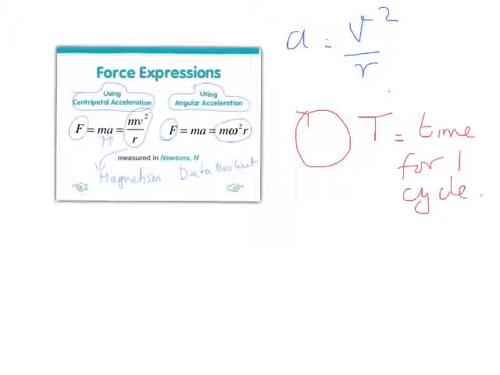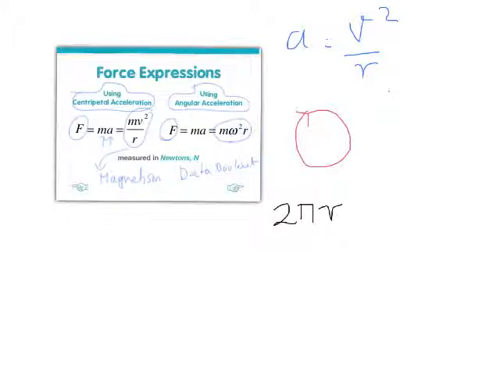So let's have a look at v more closely. If you're going around in a circle, then the distance you're travelling is 2 pi r. And so the speed would be 2 pi r over T. That would be equal to your speed, your velocity in this case. v squared over r then would be equal to 4 pi squared r squared over T squared r.